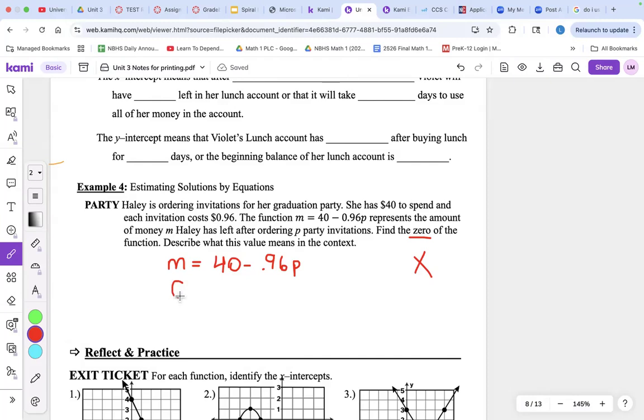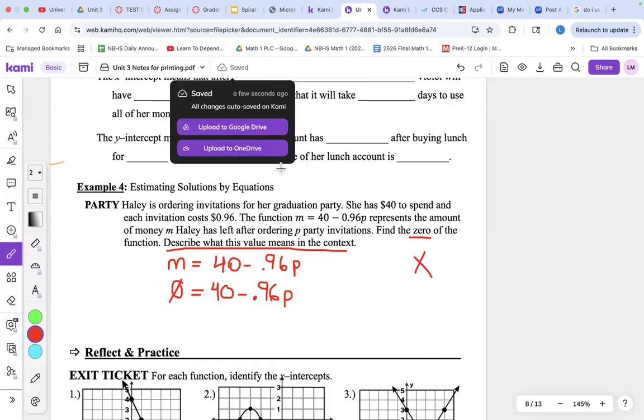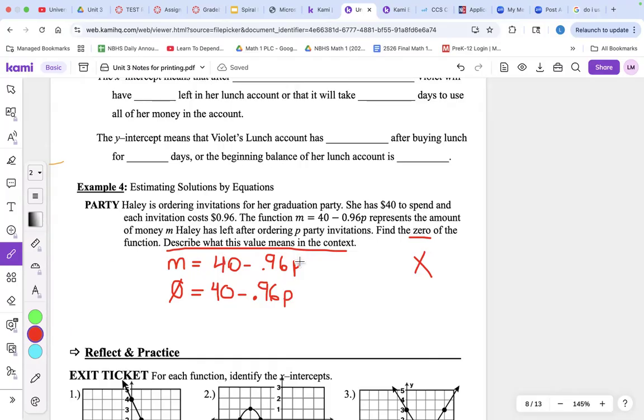So your setup is 0 equals 40 minus 0.96 cent per invitation, and you can do the rest. And once you find your answer, what does it mean? Describe what it means. Okay. I know, easy peasy, right?